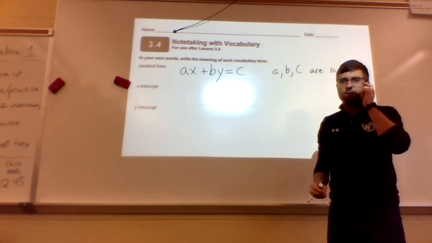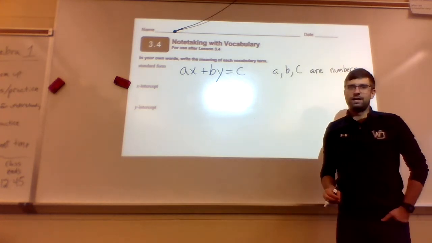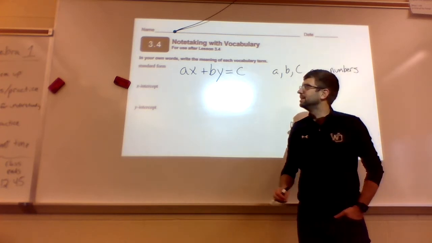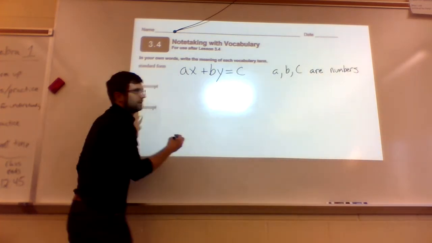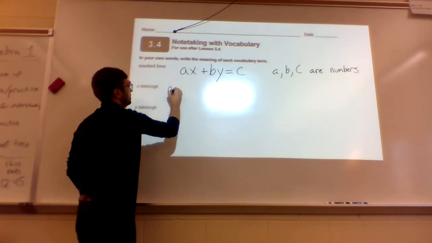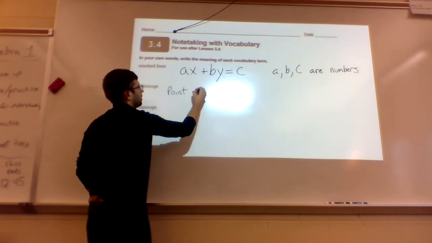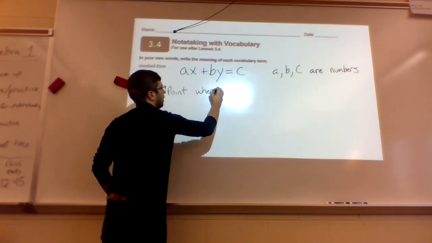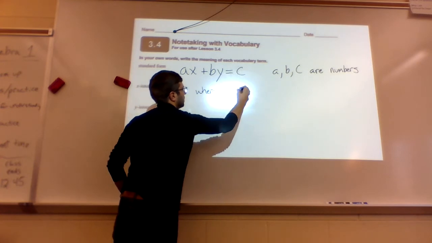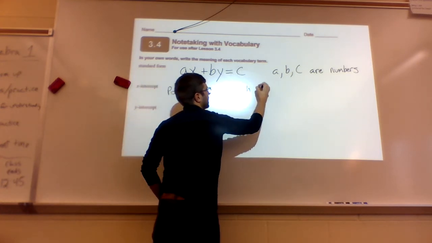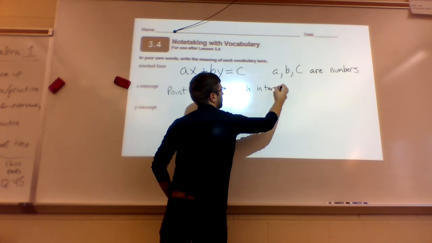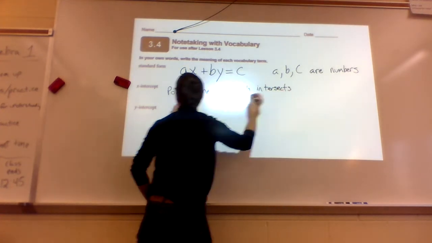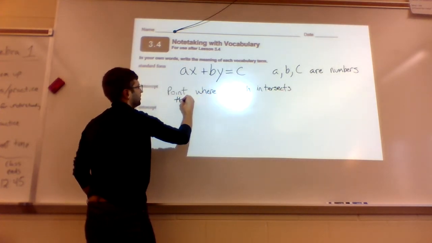So the next thing that we're going to talk about then are our x and y intercepts, which are going to be our key ideas for today. And so the x-intercept is the point where a graph intersects the x-axis.